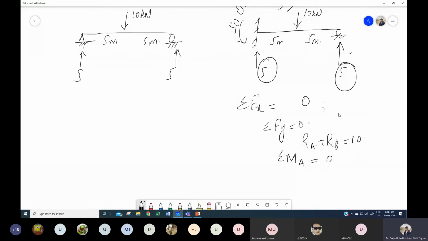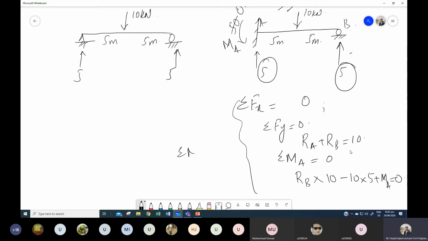That will give us, let's say this is A and this is B, then we have Rb into 10 minus 10 into 5, plus Ma is equal to 0. Then what else? We have these three equations of equilibrium.